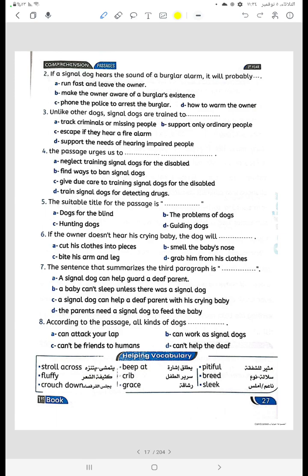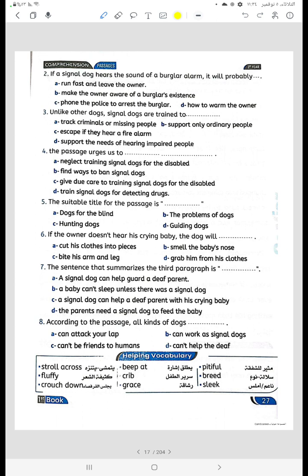If a signal dog hears the sound of burglar alarm, it will probably run fast and leave the owner, make the owner aware of burglar's existence, phone the police. لا طبعا.